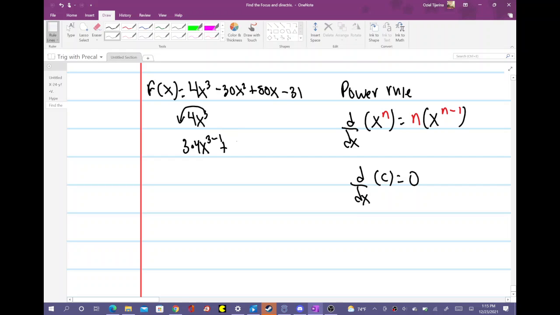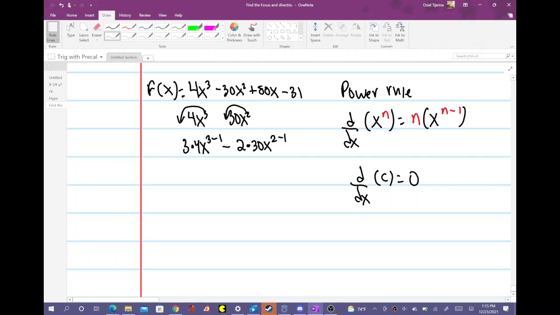Minus, same thing, we bring the 2 down, so 2 times 30 times x raised to the 2 minus 1 power.